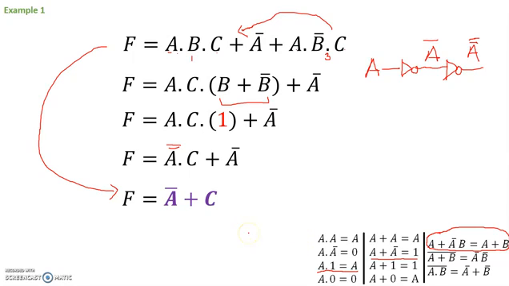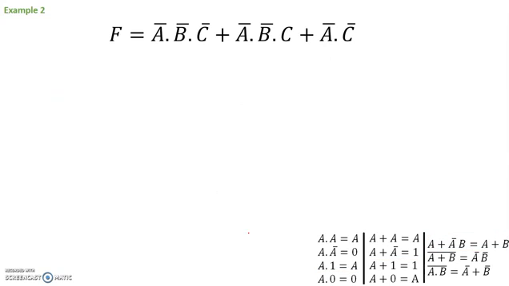Okay. All right, let's do two more examples. So in our second example, we have F is not A ANDed with not B ANDed with not C, or not A not B C, or not A not C. Now what should we do first? Here, it's fairly obvious that the first and the second term have a lot of things in common.